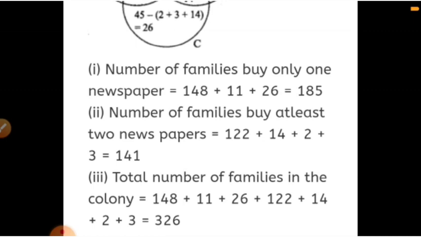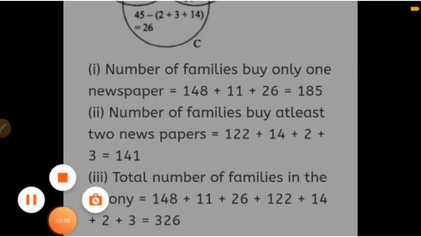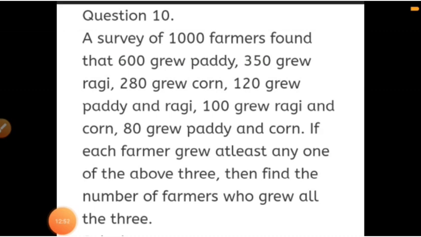Okay, right. Next question number 10. A survey of 1000 farmers found that 600 grow paddy, 350 grow ragi, 280 grow corn, 120 grow paddy and ragi, 100 grow ragi and corn, 80 grow paddy and corn.